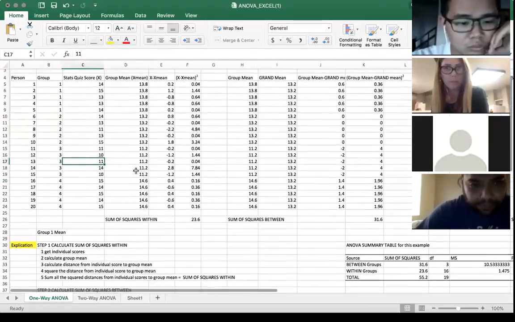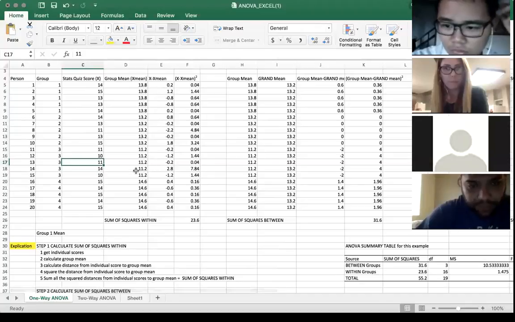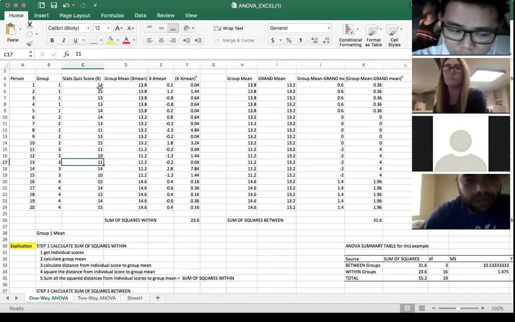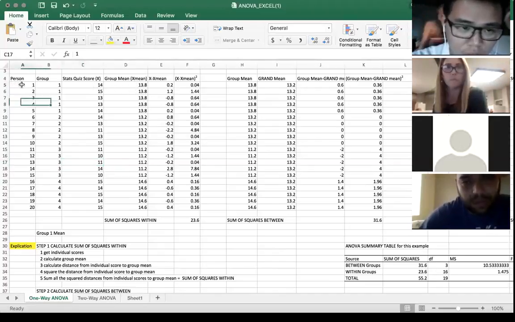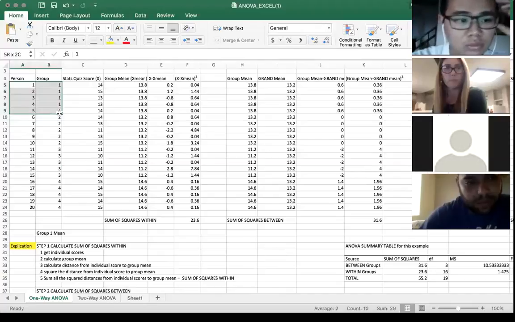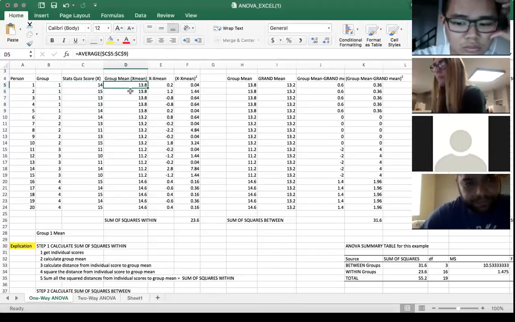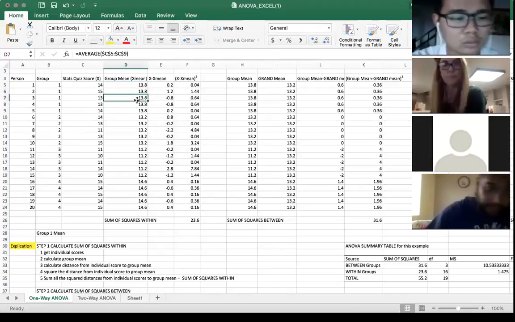Now, the first question is to calculate the within variation for each group. So if we look at group 1, we calculate the average of this group 1, which is 13.8. And now each member of group 1 gets that value, 13.8.